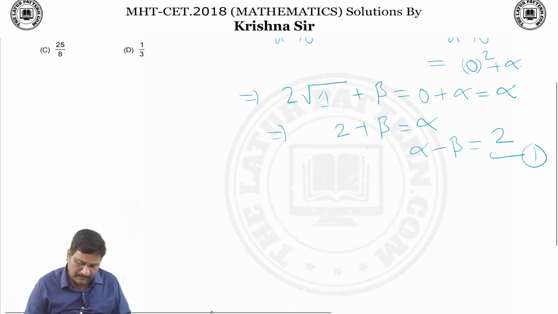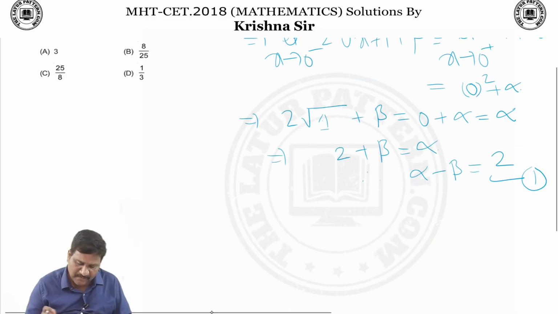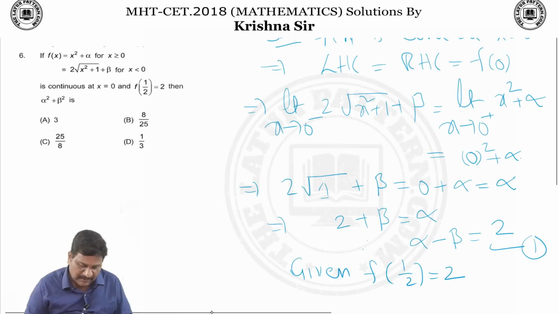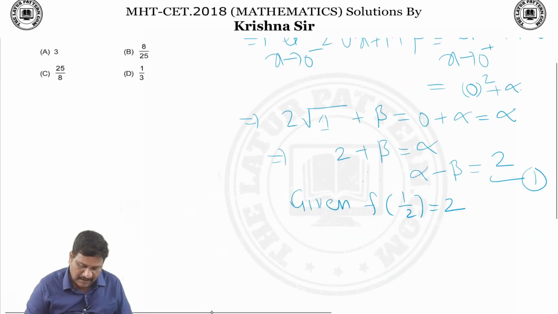Now given f of 1 by 2 is equal to 2. The 1 by 2 belongs to the first function, x square plus alpha.